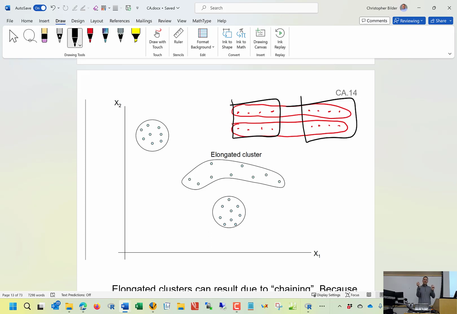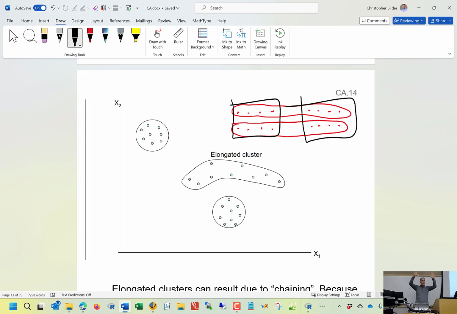It's almost like a chain link. If you imagine a chain, with different links together, it only takes one close observation to link different clusters. Because of that, you can end up having these elongated clusters.